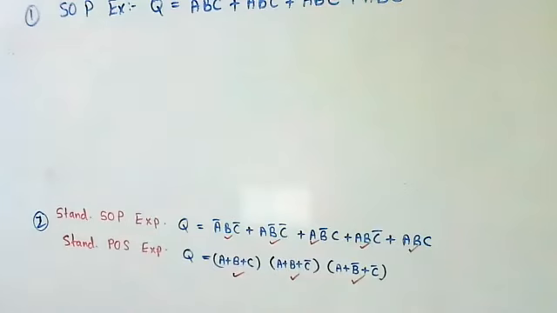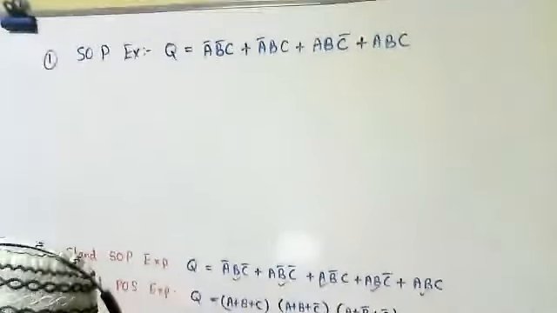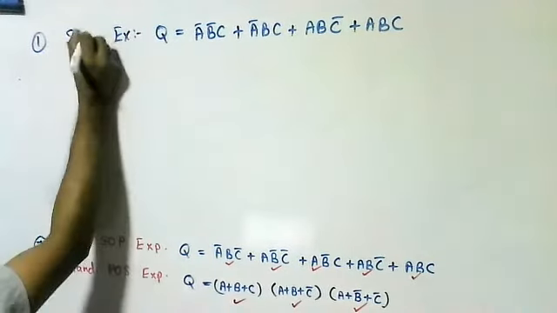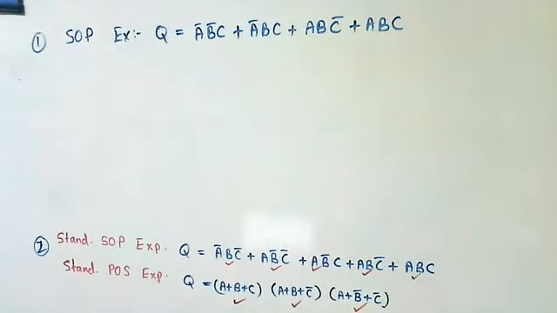Now I am going to simplify this using Boolean algebra laws. This is the standard SOP expression. We have to simplify it because, to reduce the cost, it is very important to simplify a Boolean expression.